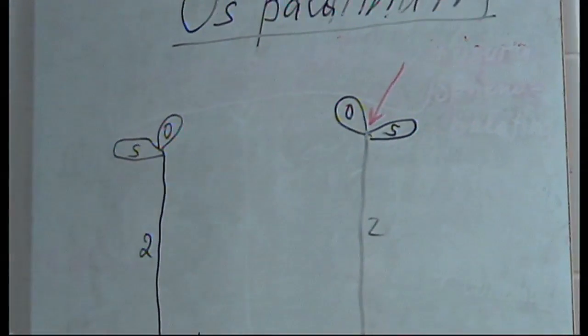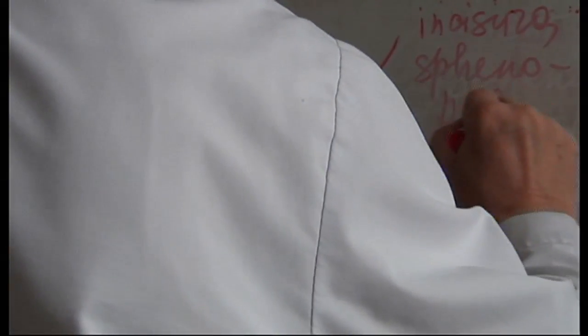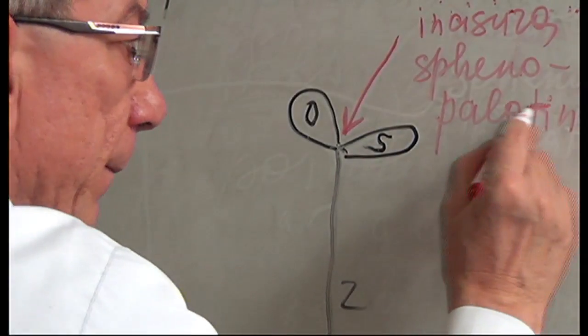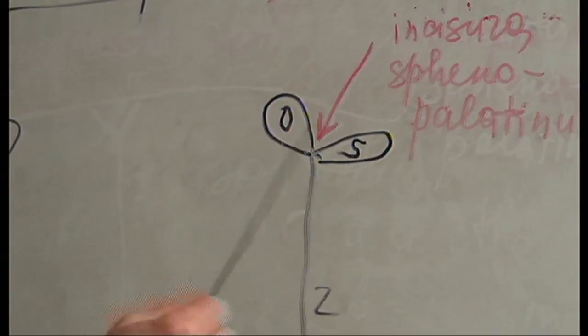This space is incisura sphenopalatina. So we can explain that incisura sphenopalatina is the place between these two processes.